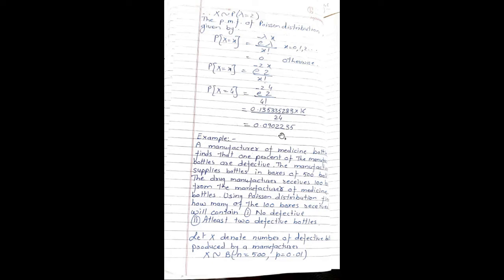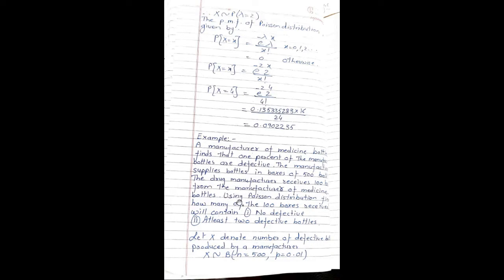Next example. A manufacturer of medicine bottles finds that 1% of the manufactured bottles are defective. The manufacturer supplies bottles in boxes of 500 bottles. The drug manufacturer receives 100 boxes from the manufacturer of medicine bottles.